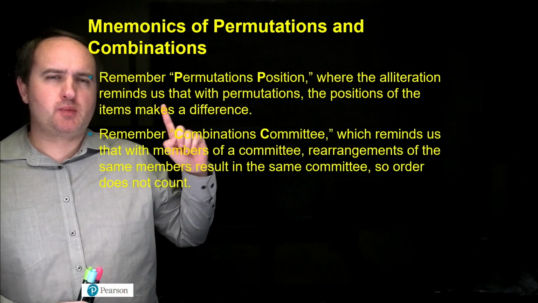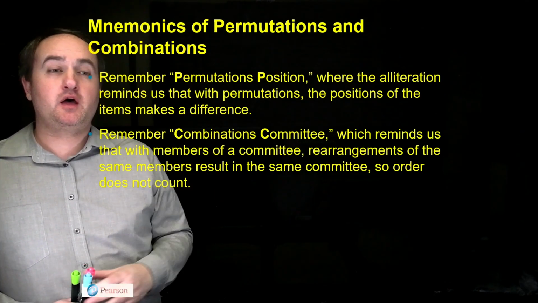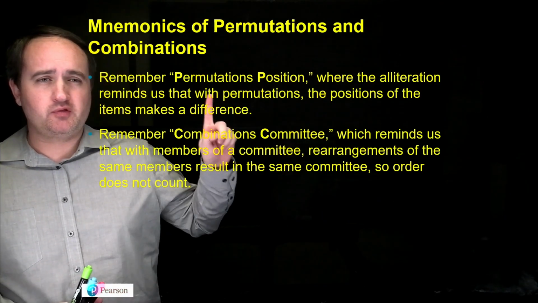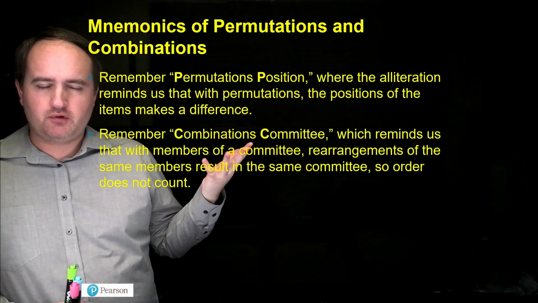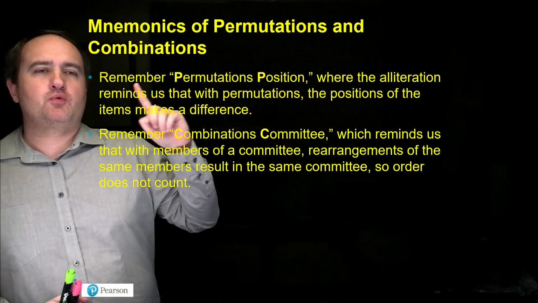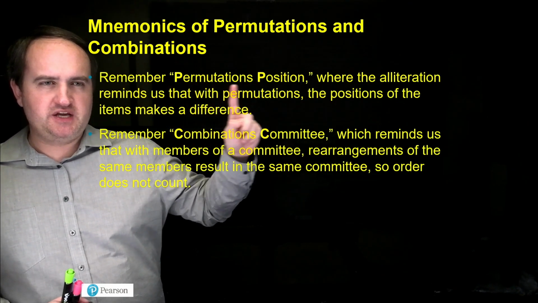So they have some mnemonics. A mnemonic is a method of learning based on the letters that words start with. You may or may not find this helpful, but I'm going to talk about it anyway. The way people remember permutations is permutations, position.